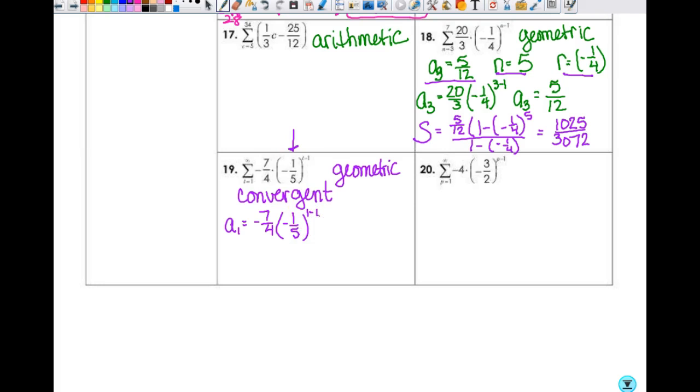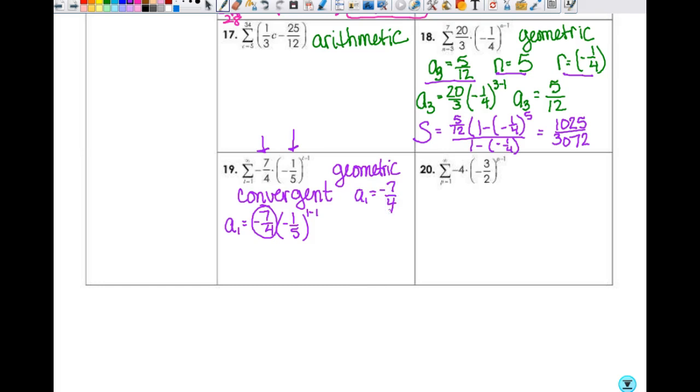What's anything to the 0 power? 1. So this is really just -7/4 because that's A1 in that formula anyway. But if you know your formulas, you don't have to do this. I know. A1 is -7/4.